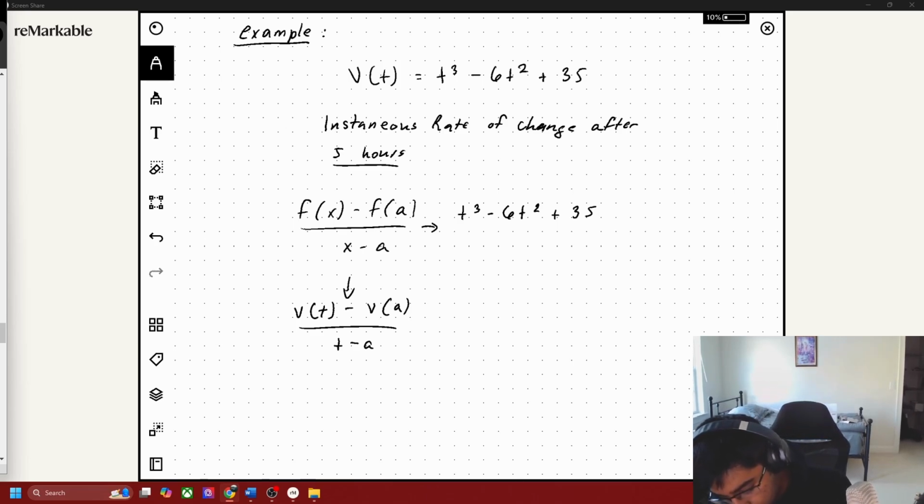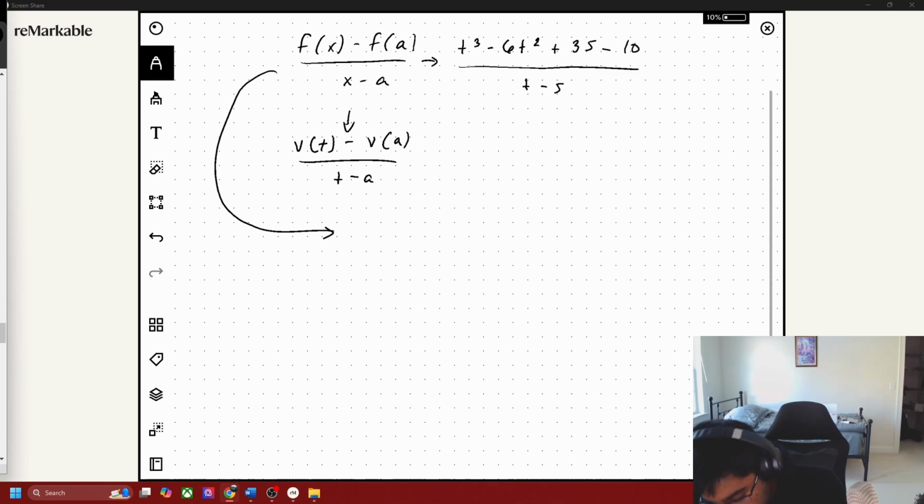So then V of 5 is, I believe, 10, subtracting it, and it's going to be t minus 5. So I'm going to bring this down here. I believe, if my math is correct, this should simplify to 3t cubed minus 6t squared plus 25, over t minus 5.